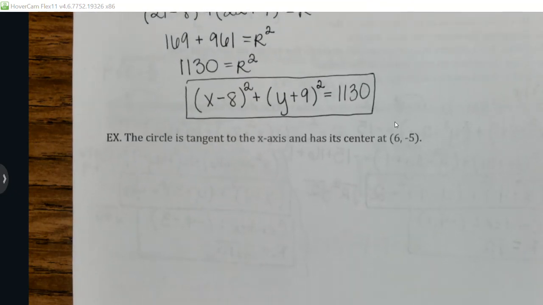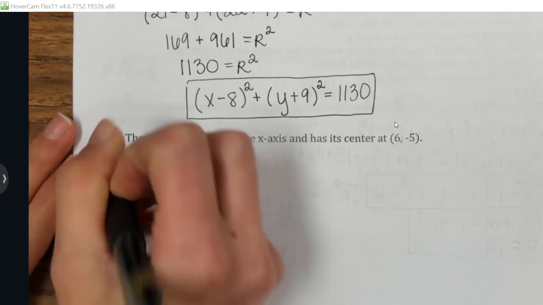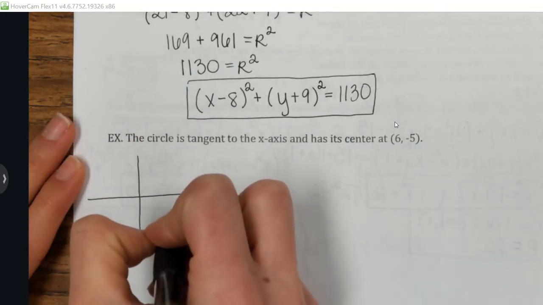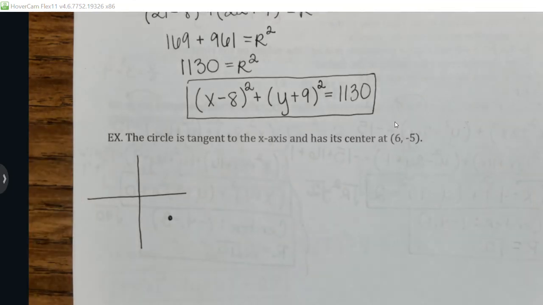Now, the circle is tangent to the x-axis and has its center at 6, negative 5. I have to draw myself a picture here. My center is 6, negative 5, so that's somewhere about here. It's tangent to the x-axis. What does that mean? It touches the x-axis.